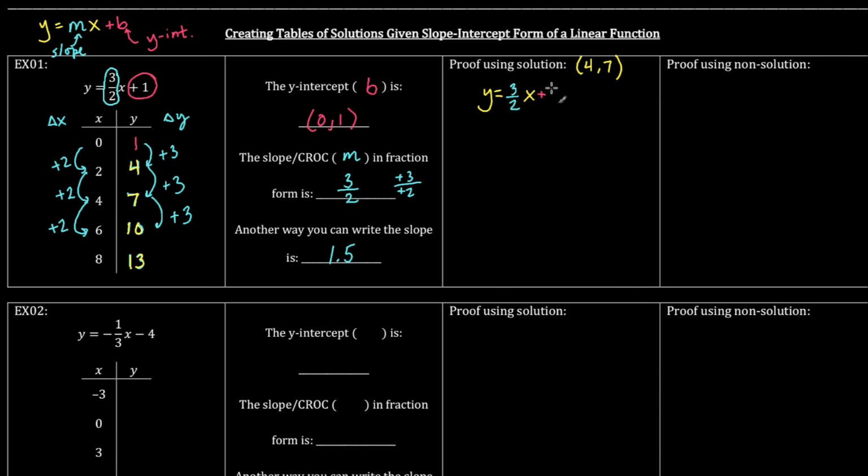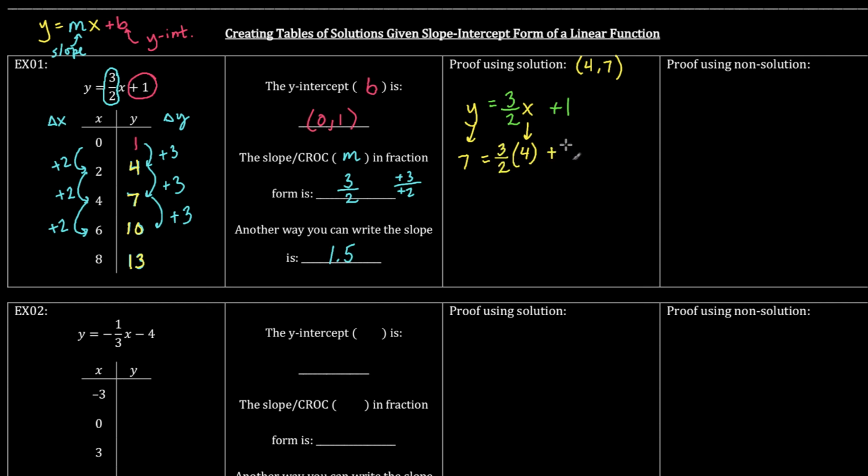So y equals 3 over 2x plus 1. Now I'm going to put in the x and the y, so we'll substitute 4 in for x and 7 in for y.